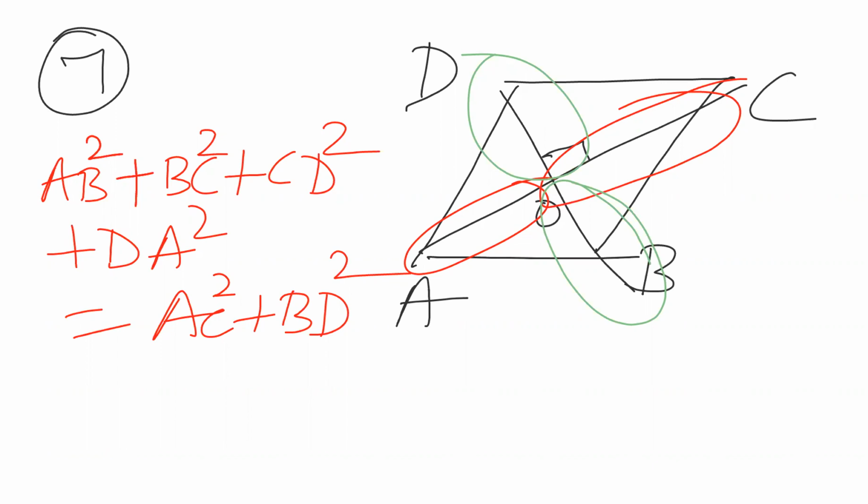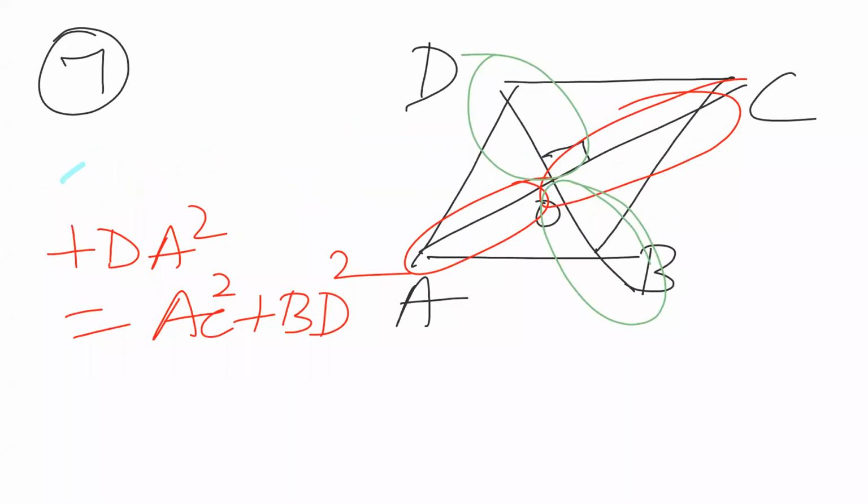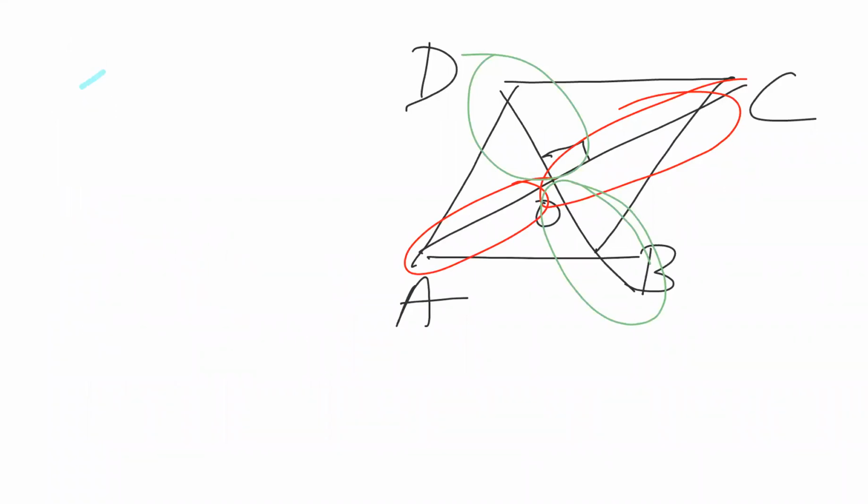Fine. So I am using one technique, using the same diagram. Try to understand this technique. AB square can be written as OA square plus OB square from right angle triangle OAB.